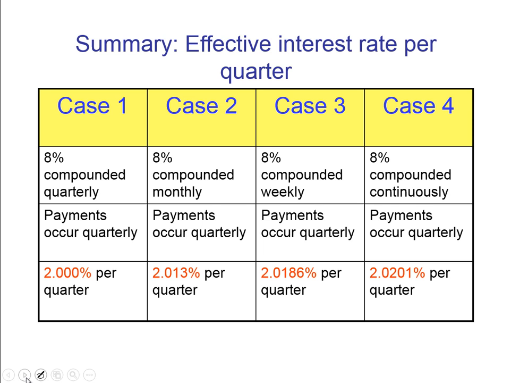It's comparing the differences between the various effective interest rates with the four cases: quarterly, monthly, weekly, and continuously. And that is the difference between having an interest period that is equal to the payment period, or an interest period that is not equal to the payment period.